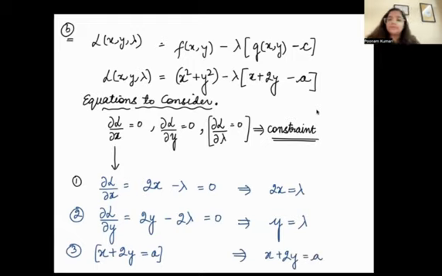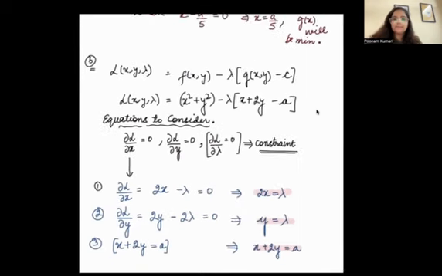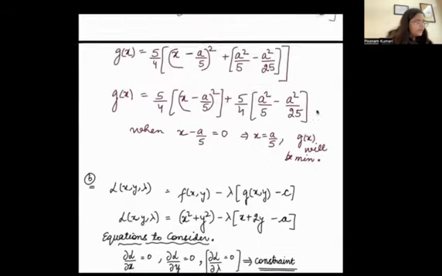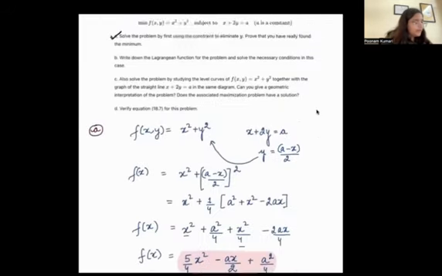So these are the three equations to be considered. So far, so good. Okay, great.